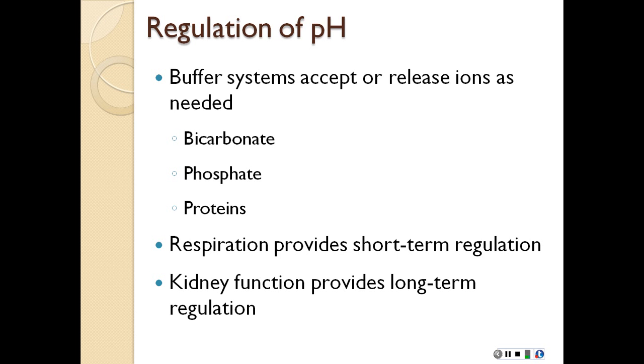So as long as you have the hydrogen ions by themselves floating around, they're contributing to acidity. If you take it and connect it to something else, then it's out of solution, so that one hydrogen ion is no longer involved in the pH or concentration of hydrogen ions.